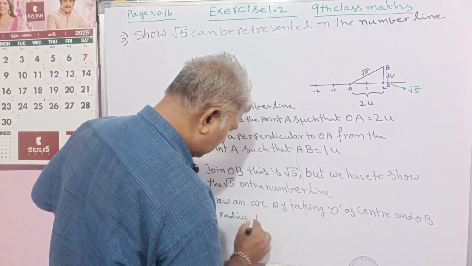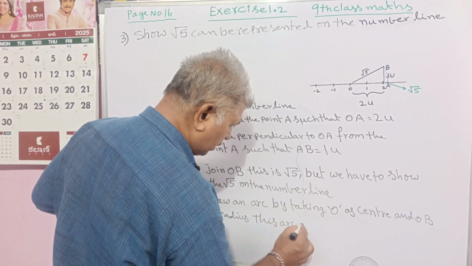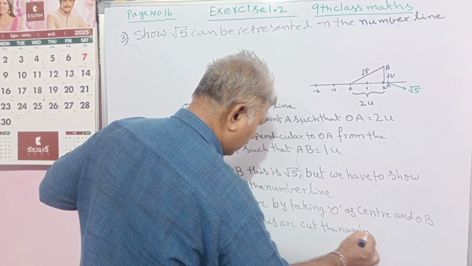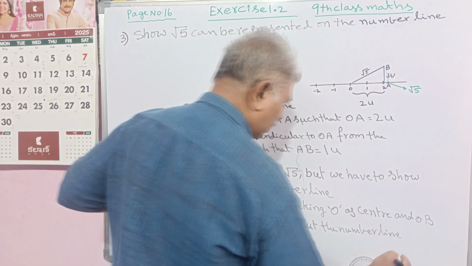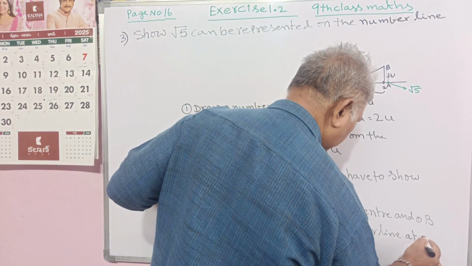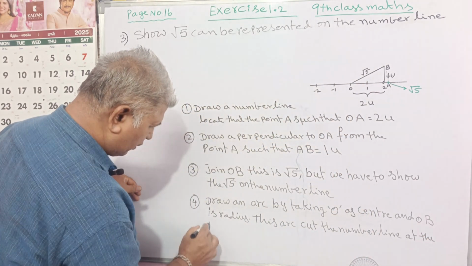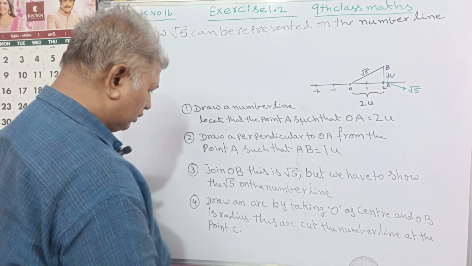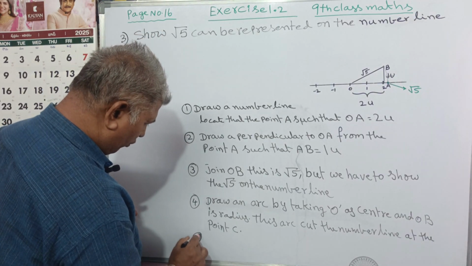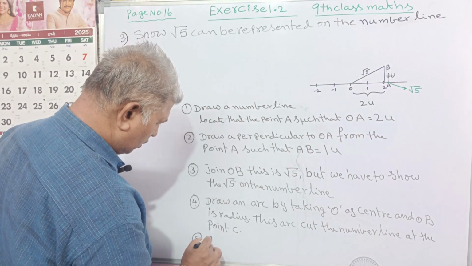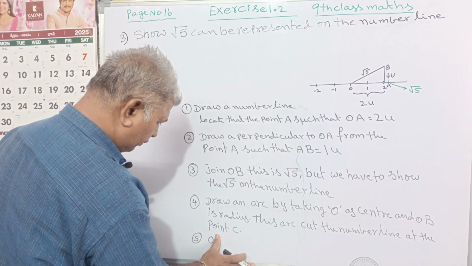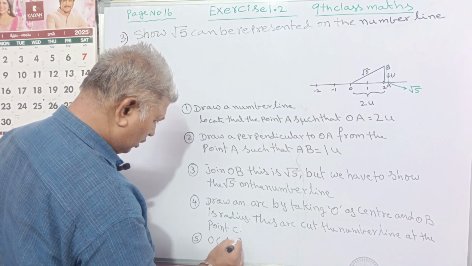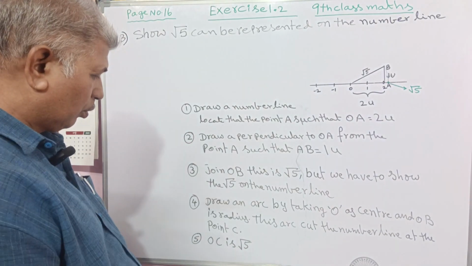This arc cuts the number line at the point C. Fifth point, OC is root 5.